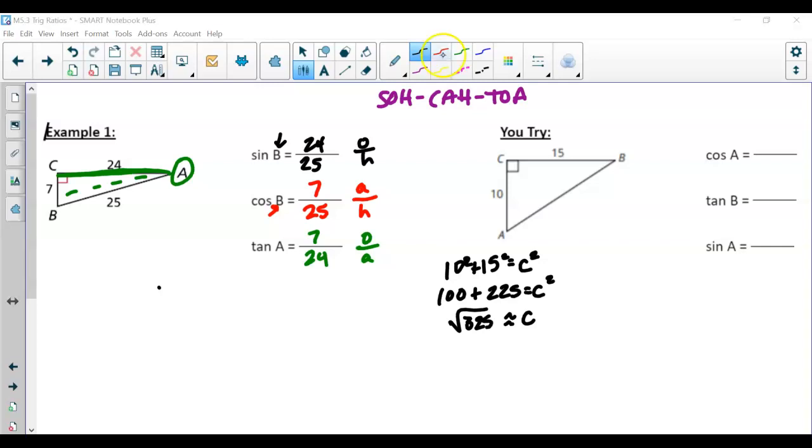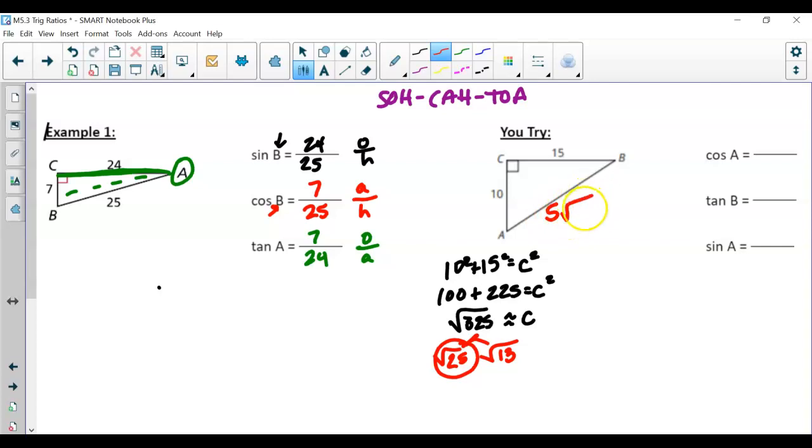Now, for those who wanted to practice the simplifying, if you left it at radical 325, that's fine. Or you do have a perfect square factor of 25. 25 and 13. 325 divided by 25 is 13. Then what's the radical 25? 5.